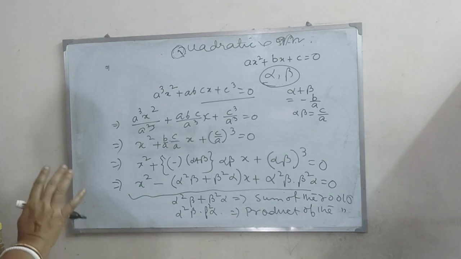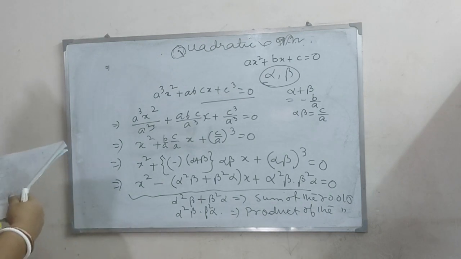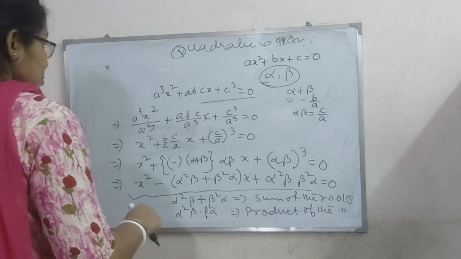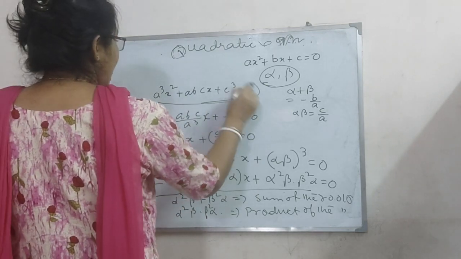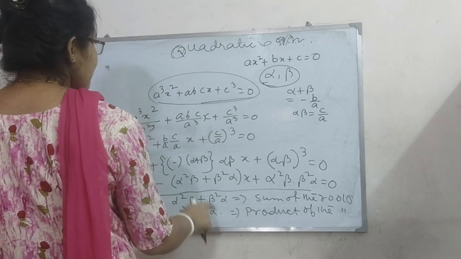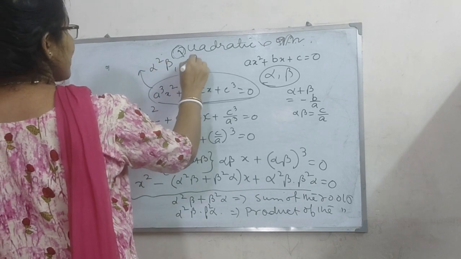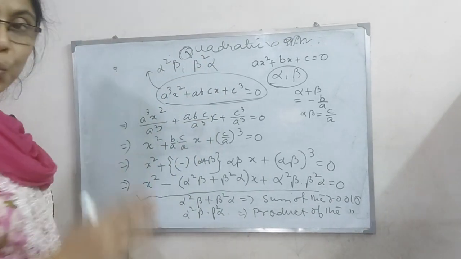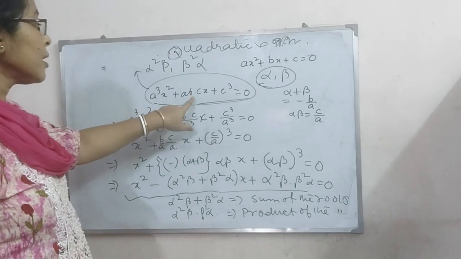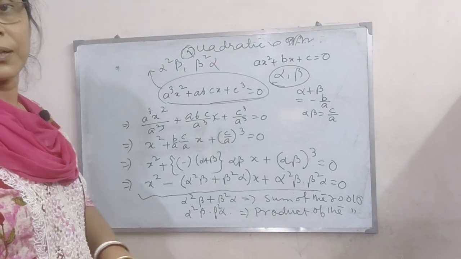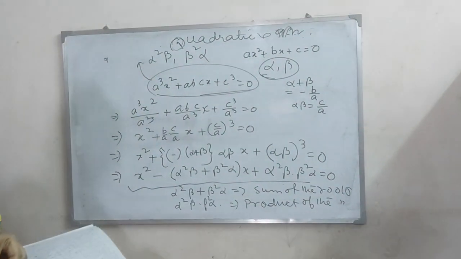So I can say that alpha square beta and beta square alpha are the two roots of this equation. Okay.